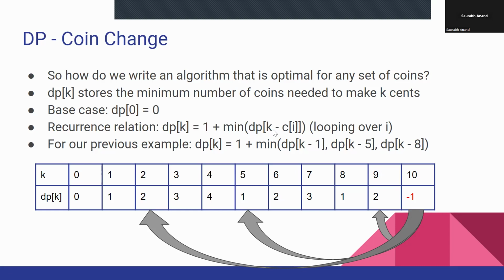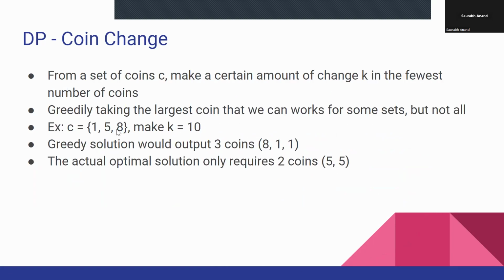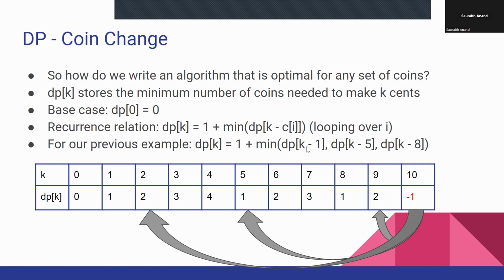We're looking back at DP at K minus C at I, which means the values of the coins in your set C. The 1 plus is because you're taking an extra coin from that past value. Remember, we have 1 cent, 5 cent, and 8 cent coins, and we're going to be looking back in our table 1, 5, and 8.